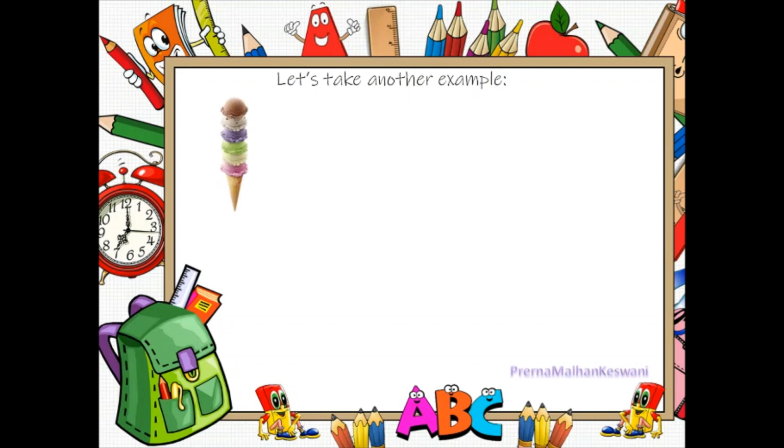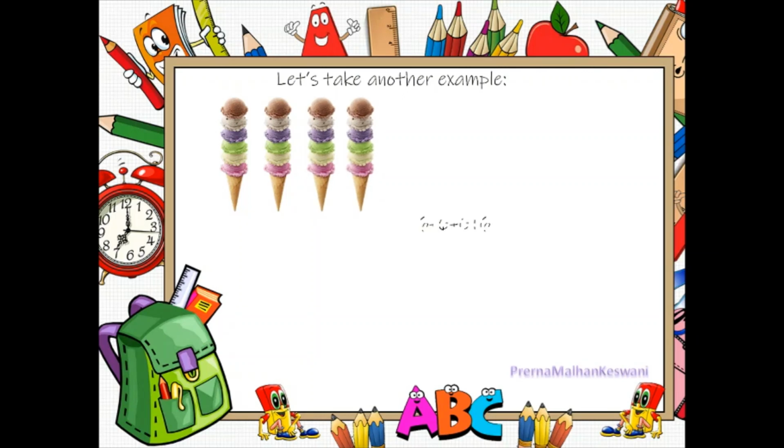Let's read this one. Okay, so how many scoops of ice cream can you see here? Pink, white, green, purple, white and brown. So it is 6. Another 6 scoops of ice cream. Another 6. Another 6.